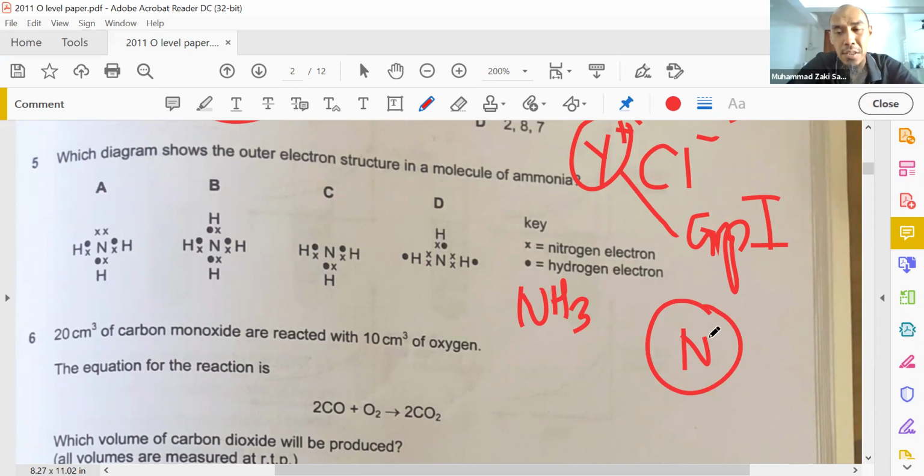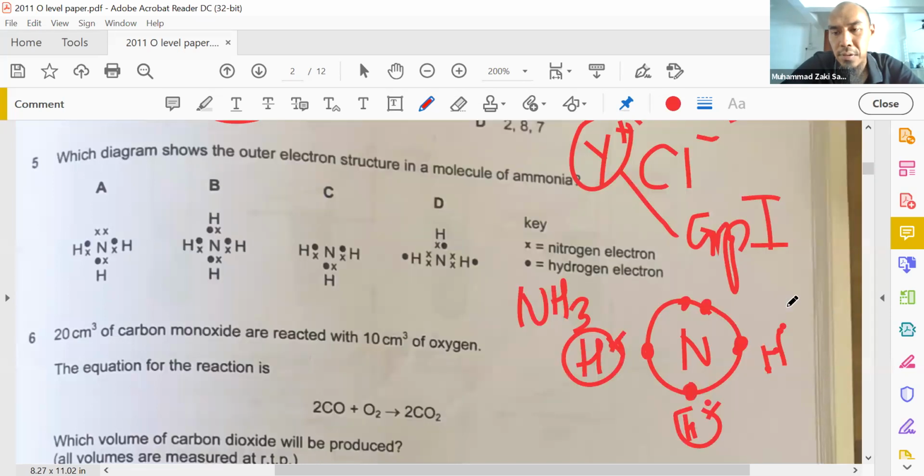Nitrogen is 2,5. So nitrogen should have 3 outermost electrons to share, and hydrogen should have only 1 outermost electron.